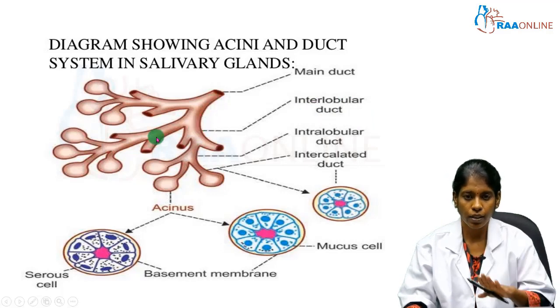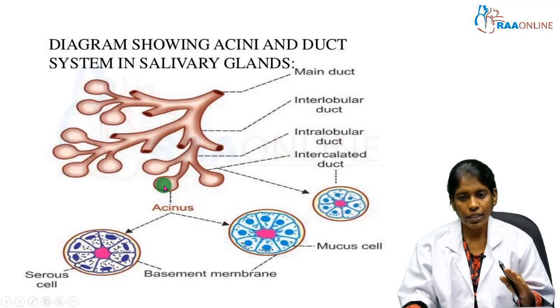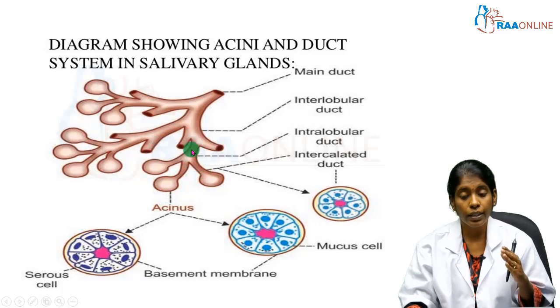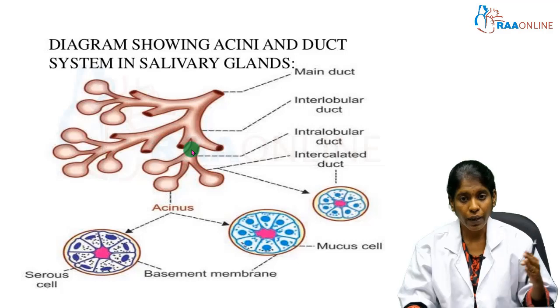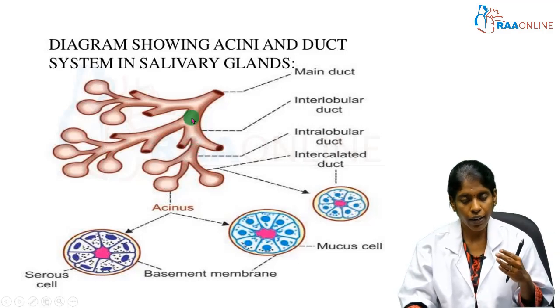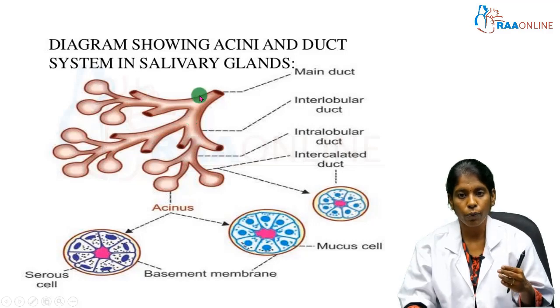So this is the basic structure: the acinus drains into the intercalated duct, intercalated ducts of many acini join to form the intralobular ducts, intralobular ducts of many lobules join to form the interlobular ducts, and finally the interlobular ducts join to form the main duct.